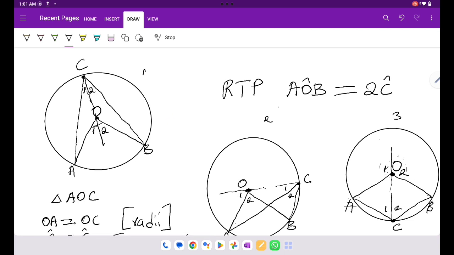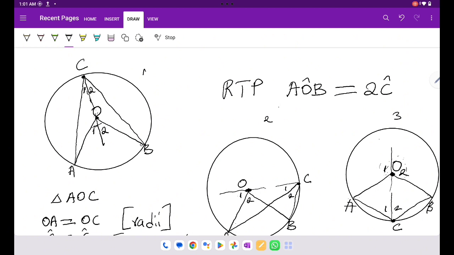So we are going to analyze triangle number 2, which is triangle OBC. Right, we are going to do everything that we did in the first triangle. So remember we said that OC equals OA. So in this triangle, we will say OC equals OB.